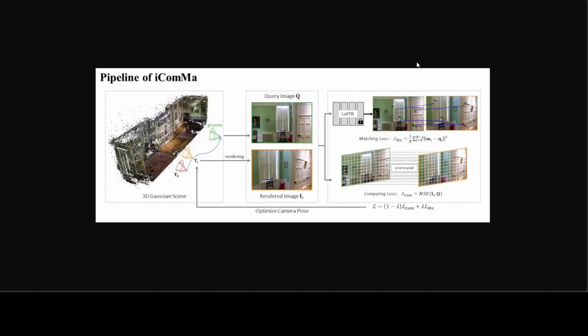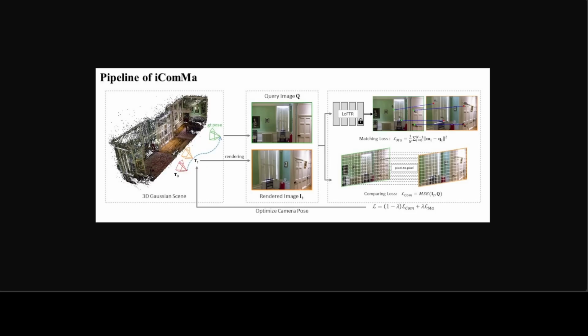This is the pipeline of iComMa, and if you look at this pipeline, this is actually quite interesting. Now, what is happening here is that given a trained 3D representation of the scene, which is parameterized by this theta, and a known camera pose, the objective is to estimate the camera pose on a query observation Q. Given this initial camera pose, iComMa iteratively optimizes to estimate the ground truth pose associated with the query image.